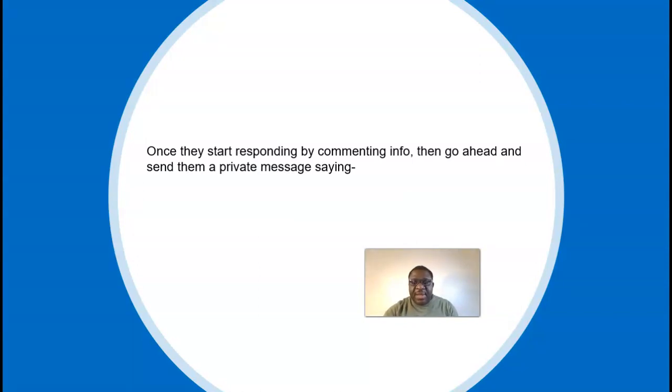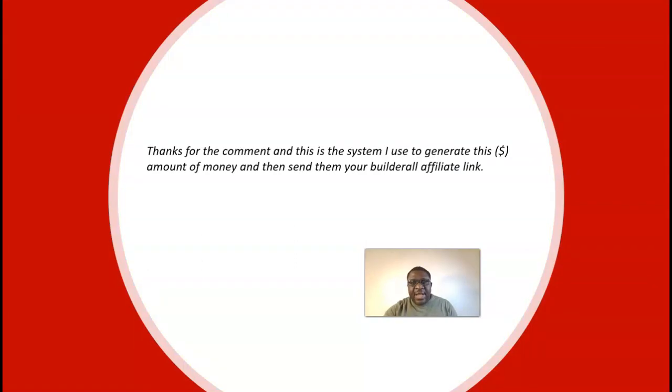So once they start responding by commenting info just like you directed them, go ahead and send them a private message saying, thanks for the comment, and this is the system I use to generate this XY amount of money, and then send them your Builderall affiliate link. You see, this is why I told you guys that before you start doing this, you have to first of all create a Builderall account by becoming a Builderall affiliate, so that you'll be able to go to the affiliate page and grab your affiliate URL link.